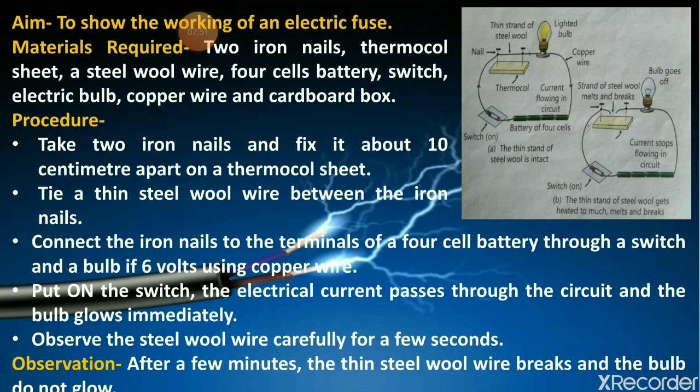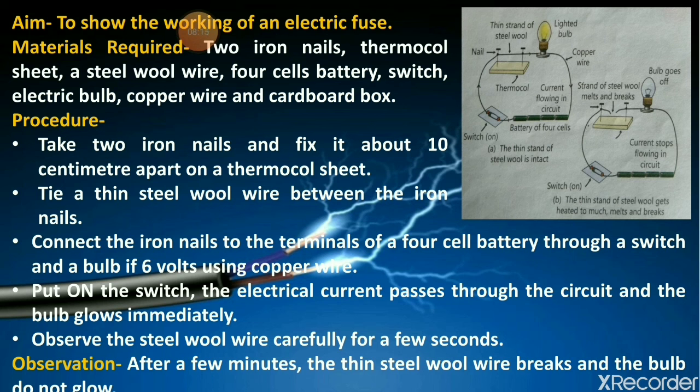Now when you switch on the electric circuit, the electric current passes through the circuit and the bulb glows. As we all know, when electric current flows, the electric bulb will glow. Then we observe it carefully for a few seconds.